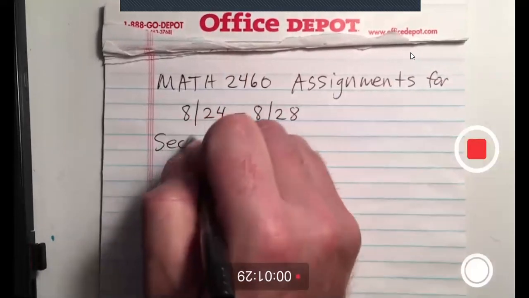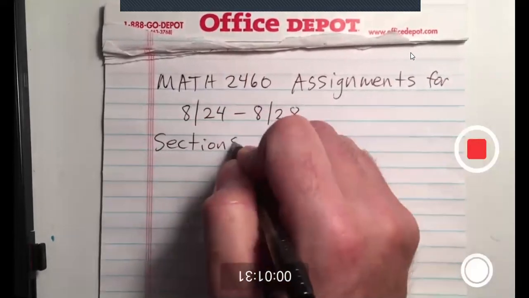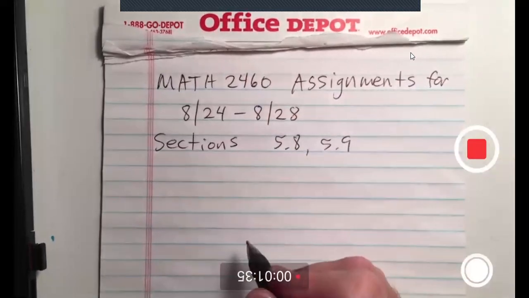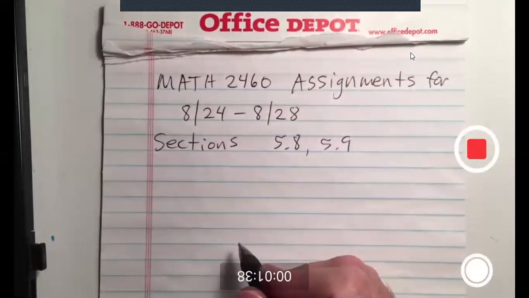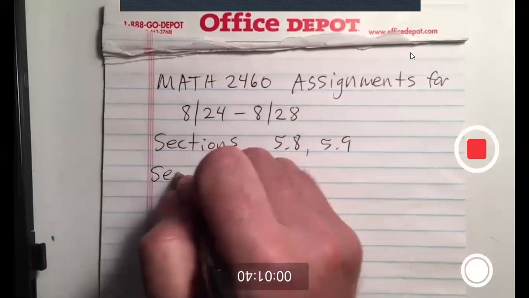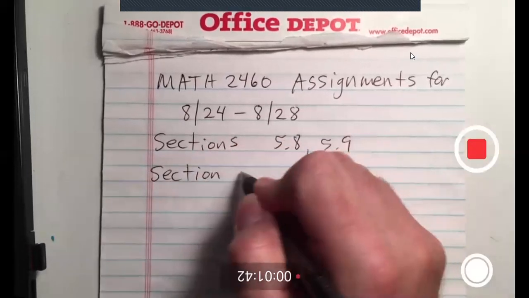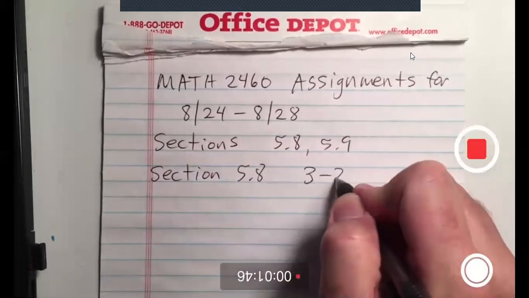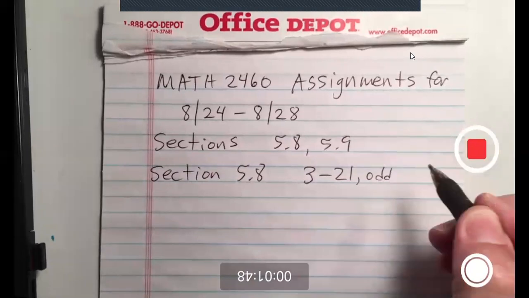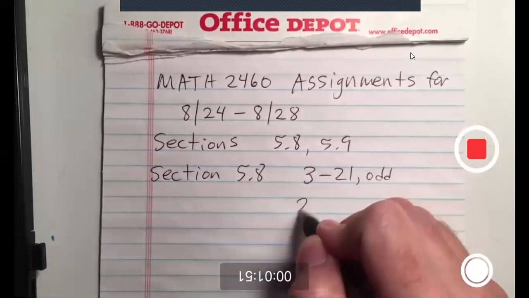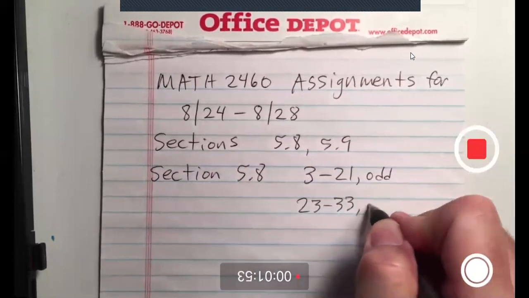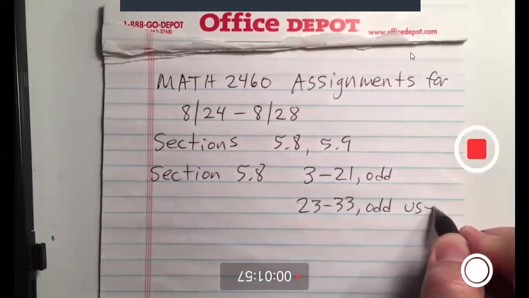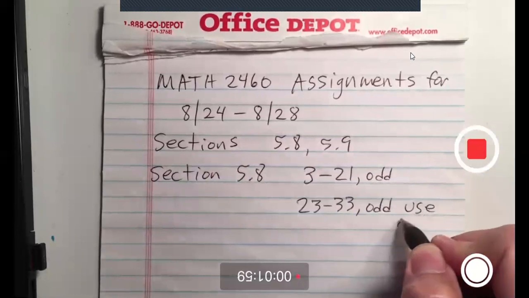We're in sections 5.8 and 5.9. Okay, and so for section 5.8, we're going to do problems 3 to 21 odd, problems 23 to 33 odd, and those will have numbers on the integrals, so you're going to use your calculator.